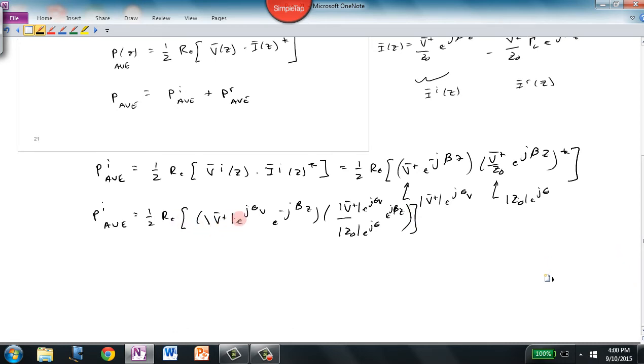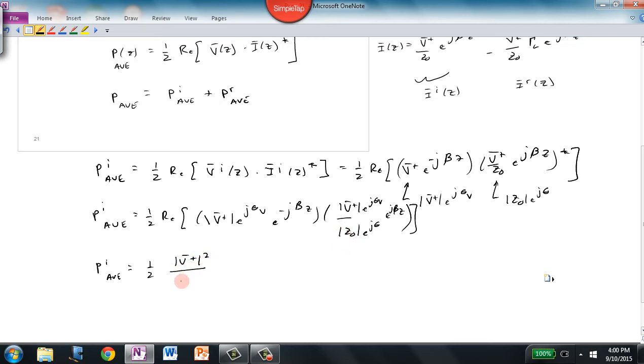So this operation, real, means take the real portion of things, and in this expression the only parts that will have a non-real portion are anything with an e to the j term in it. So we can pull out everything that doesn't have an exponential j term in it, and that's going to be 1/2 times the magnitude of V bar plus times the magnitude of V bar plus, which is just V bar plus magnitude squared.